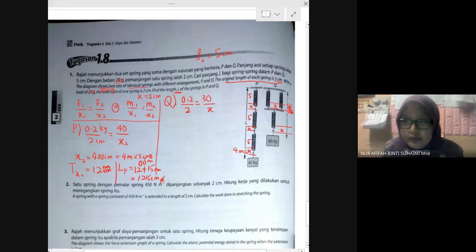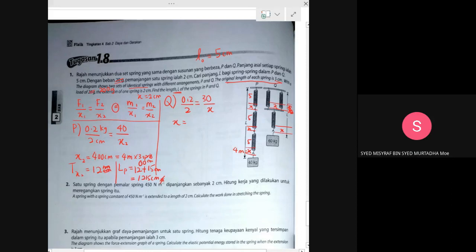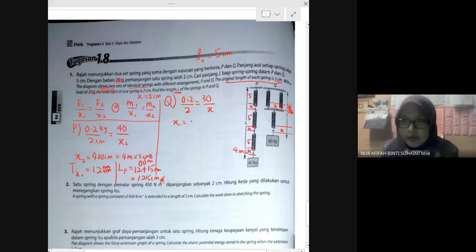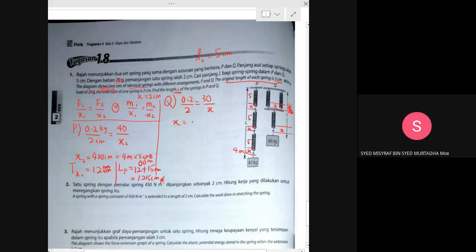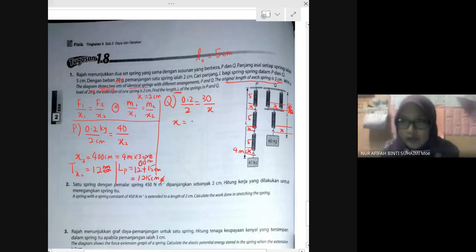So, berapa X? 3 meter. 300. Okay, 300 cm. Okay, use cm lah. 300 cm. Nampak macam besar sangat 300 tu. Spring tu nampak kecil je.